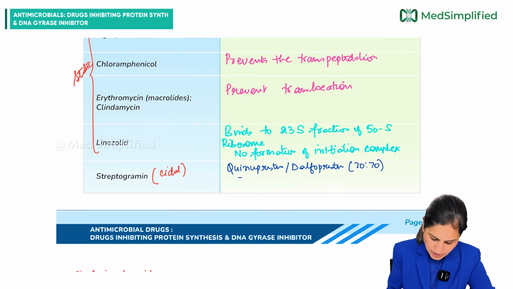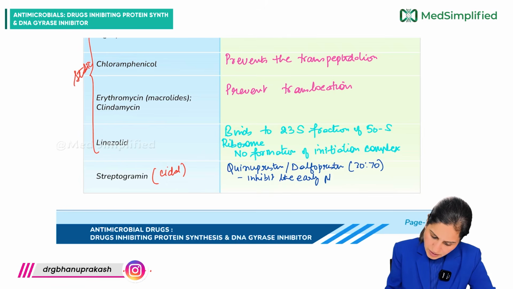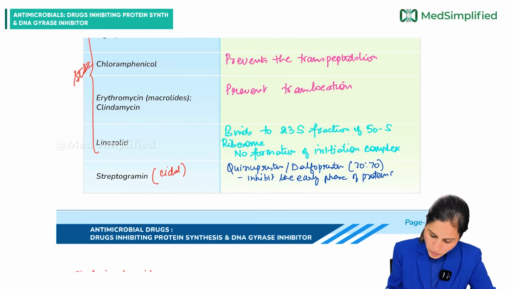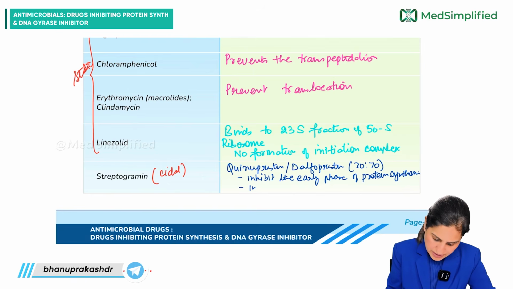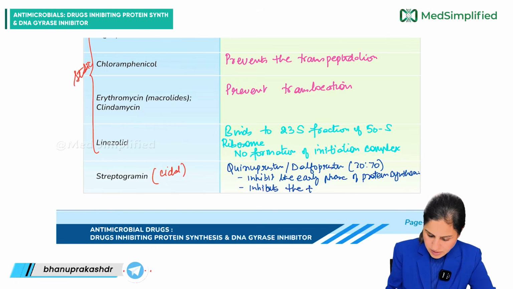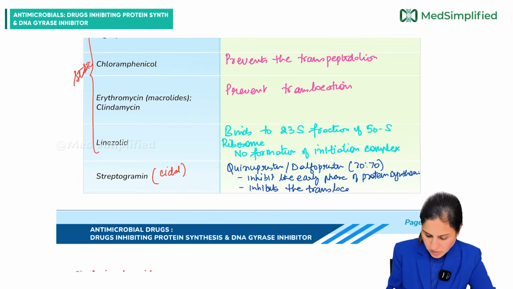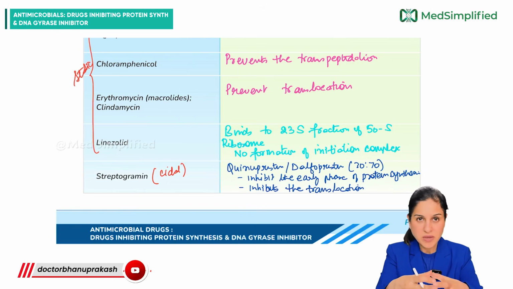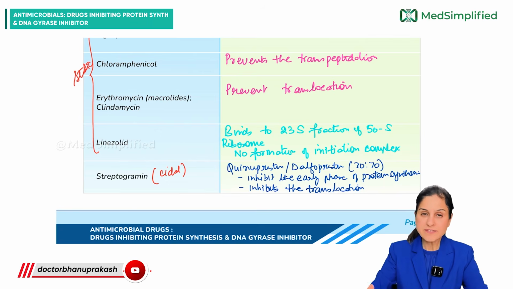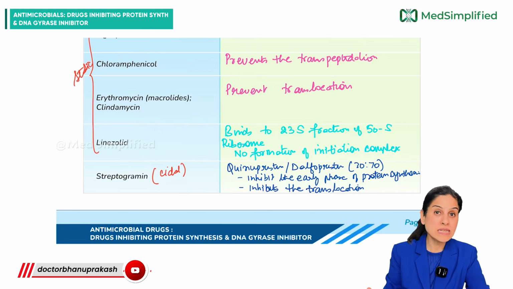The first drug inhibits the early phase of protein synthesis, and the second drug inhibits translocation. So individually these drugs might be static, but because they are combined together they become cidal drugs.